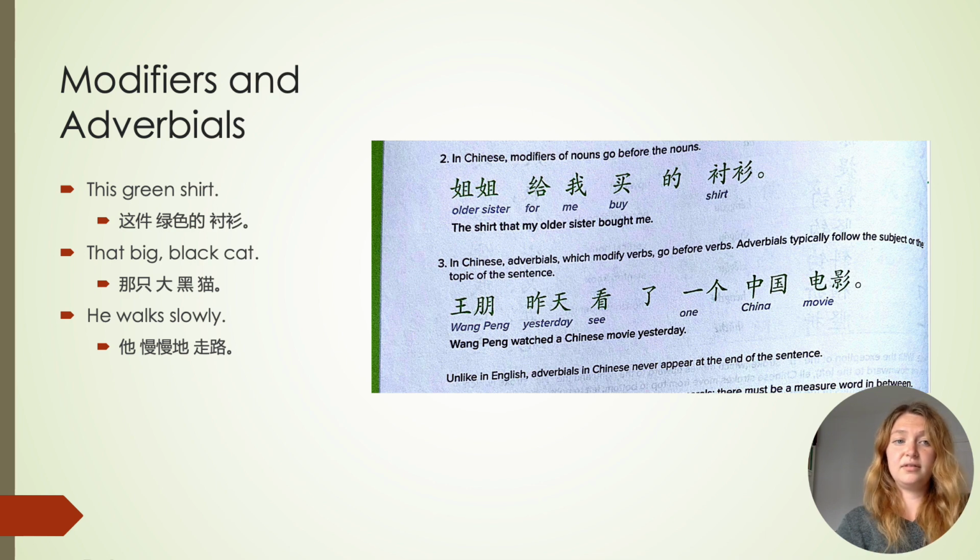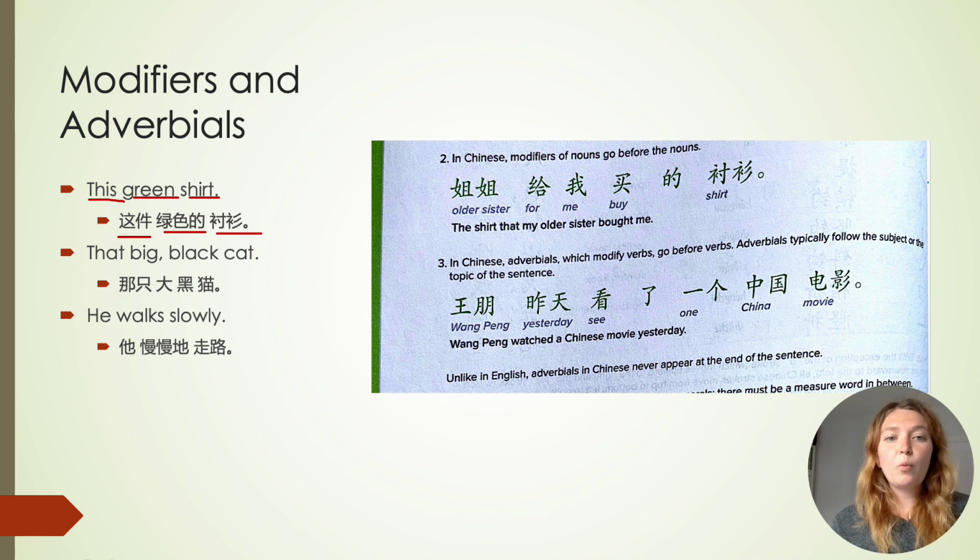So like this green shirt. This was my example, right? This 这个 green 绿色的 shirt 衬衫. So this green shirt. Same word order as in English, and actually that shouldn't have a full stop because that's not a sentence.